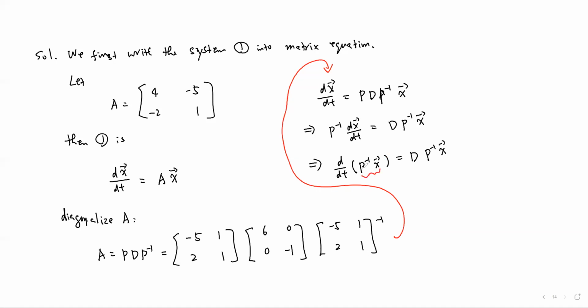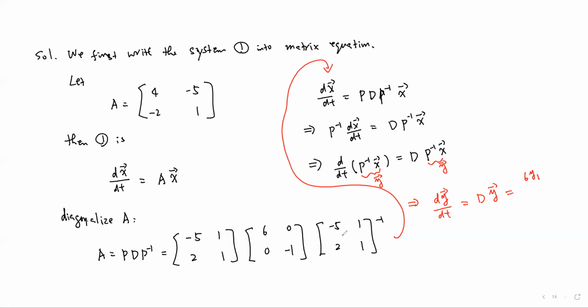Now label P inverse x as y. Then we have the derivative of y with respect to t equal to D, the diagonal matrix, times y. In detail, the first entry is 6 times y1 plus 0 times y2, so 6 y1.